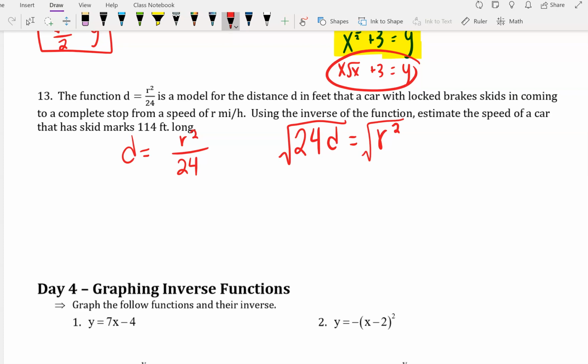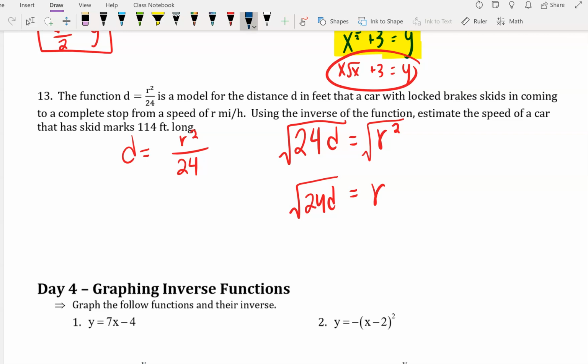Typically I would put a plus or minus in front, but we're talking about speeds and distances. We're not going to need to worry about negative speeds and negative distances, so I'm not going to put the plus or minus. Now that I have R by itself, I'm going to plug in the distance.